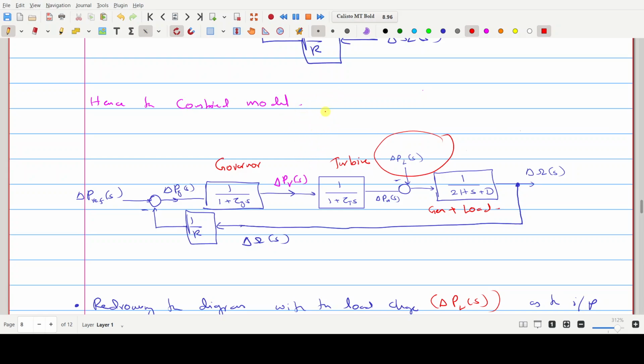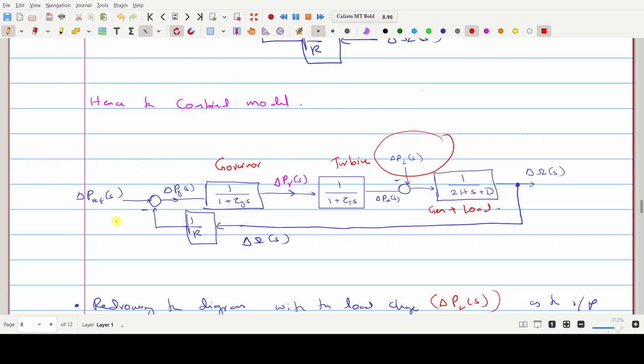EE674, right? So far we have discussed the combined model of the generator, turbine, and the governor, which is applying power to the load, right? So this block diagram we have derived indicates how the generator frequency or the generator speed will vary depending on the load changes.